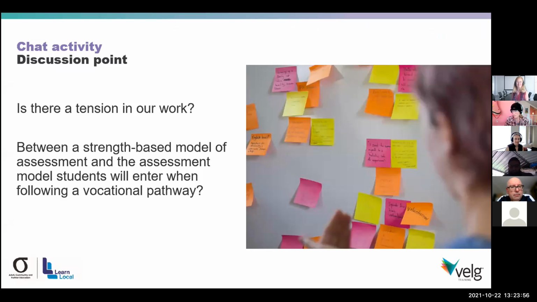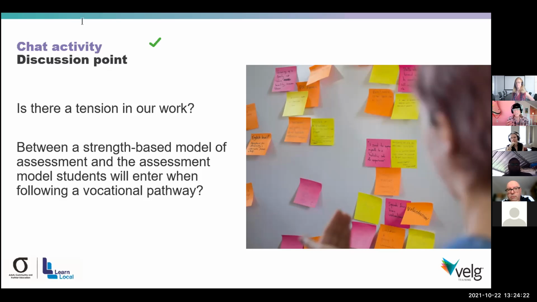So look, this is a bit of a philosophical question for you to think about, because a lot of our work is around transition to some form of employment, project, preparation or employability. On the one hand, we might be preparing learners for the world of work or the world of further education to get access to work, as Paul seems to be in that sweet spot straddling those two things.